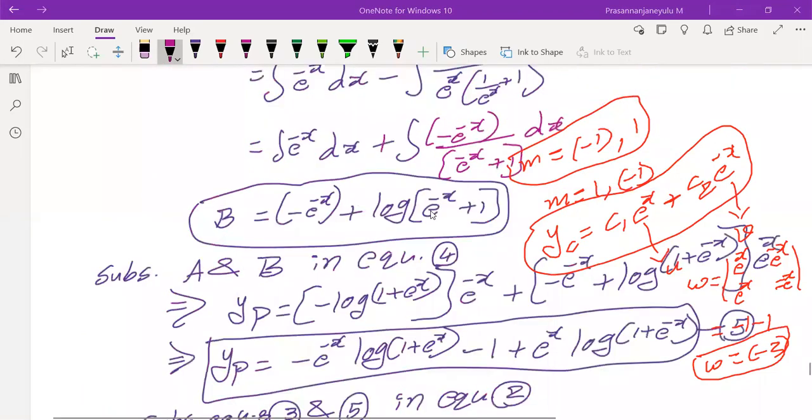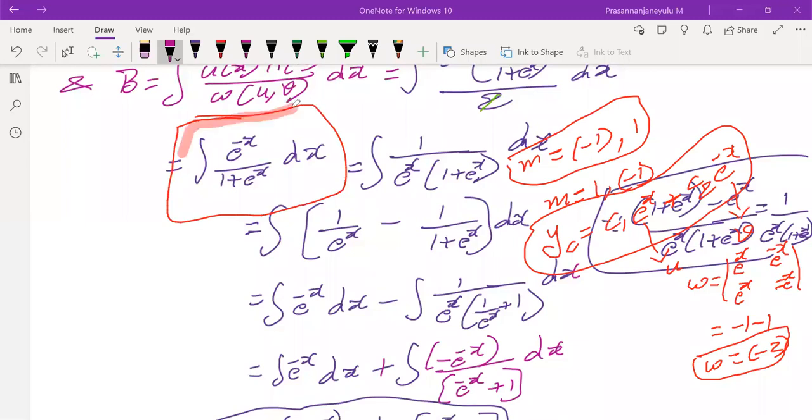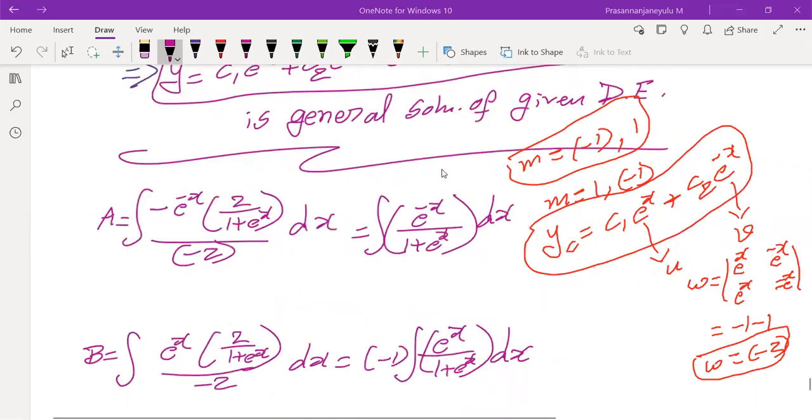What about B here? Before we do the integration, the B we have here is the integration of e power minus x by 1 plus e power x into dx. Please check here. Check what A is here. We got the integration of e power minus x by 1 plus e power x into dx.